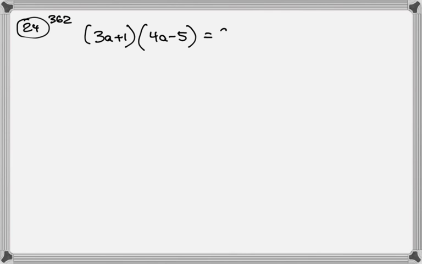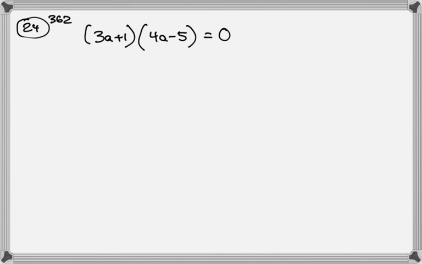Are you ready for the next one? And I picked this out of the book here. I get too excited about this stuff. Number 24 on page 362 is 3a plus 1 times 4a minus 5, and that is equal to 0.